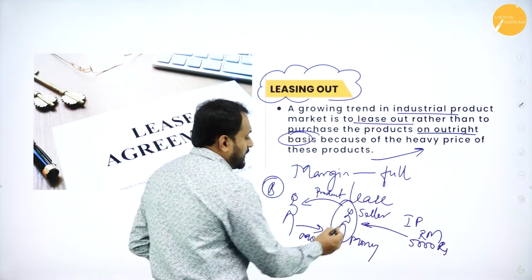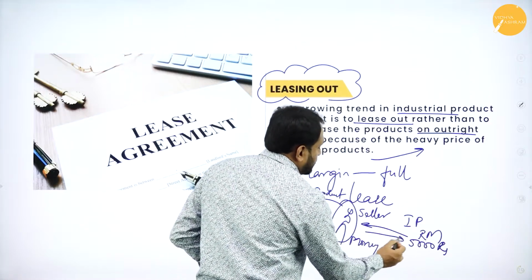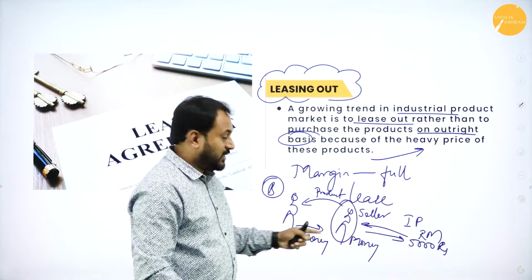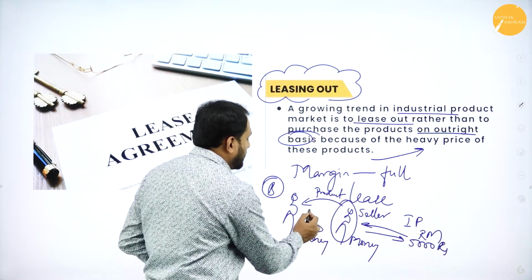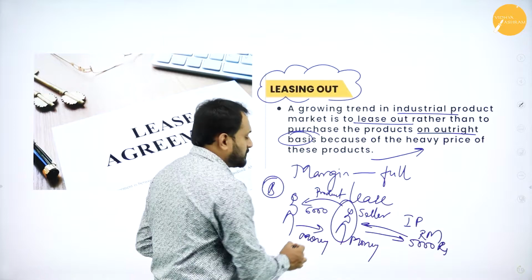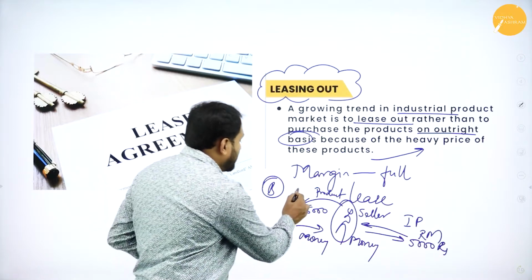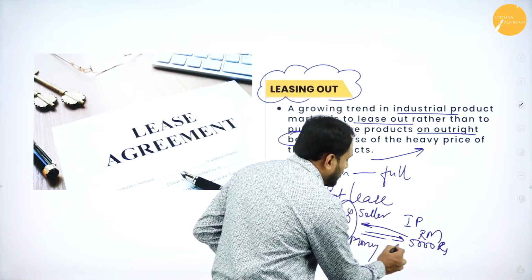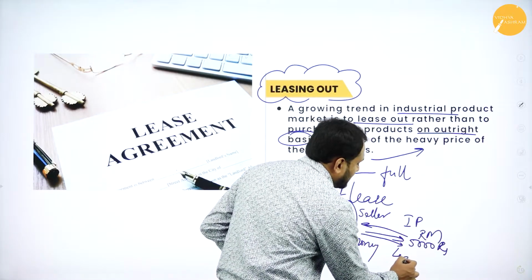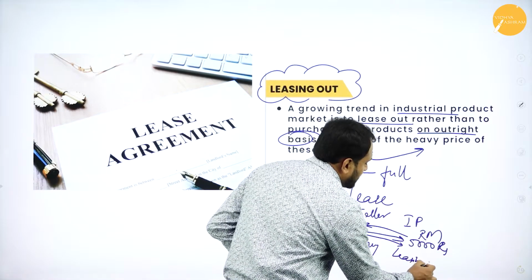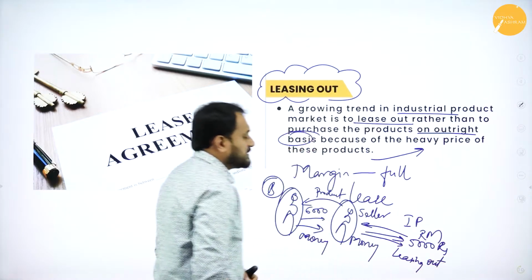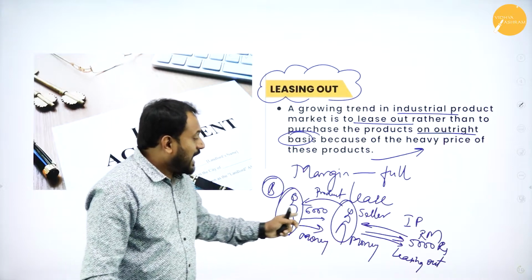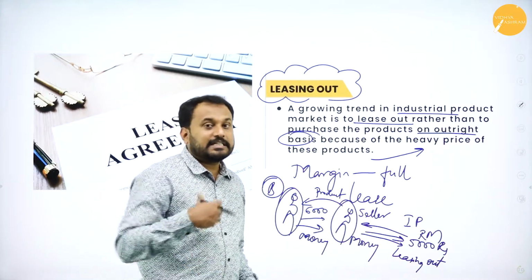He needs to pay this person 5,000 rupees, but he doesn't have it. After everything, whenever he sells it, he'll charge 6,000 rupees. The minute the buyer gives him 6,000 rupees, later he'll go and pay. We call this leasing out. That means after the sale is all done, then afterwards you will pay. We call it leasing out.